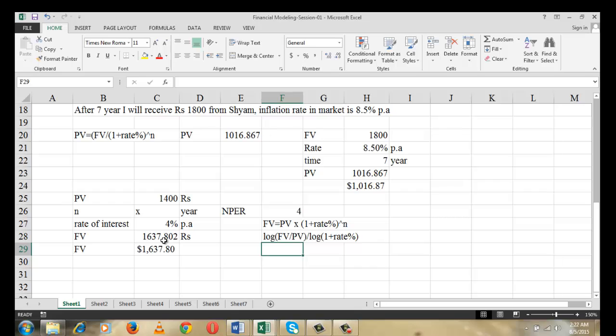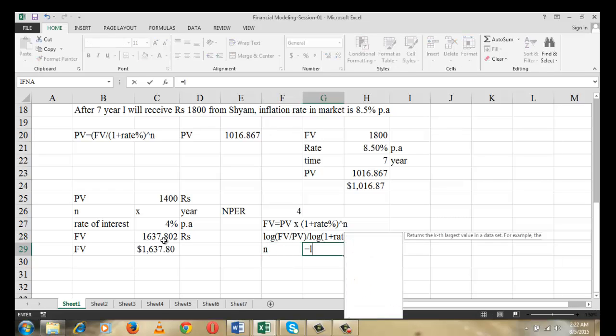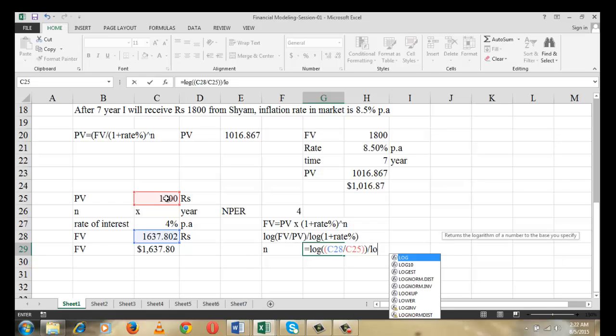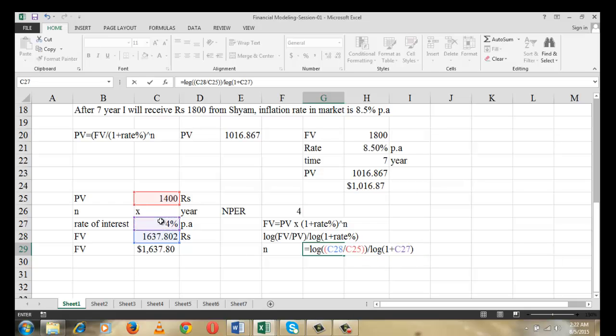So if you use this formula, you can determine the value of n. So I use log of future value by present value, divided by the log of 1 plus r%, so r% is 4%. You get the value 4. So any way you do, you get the same answer.